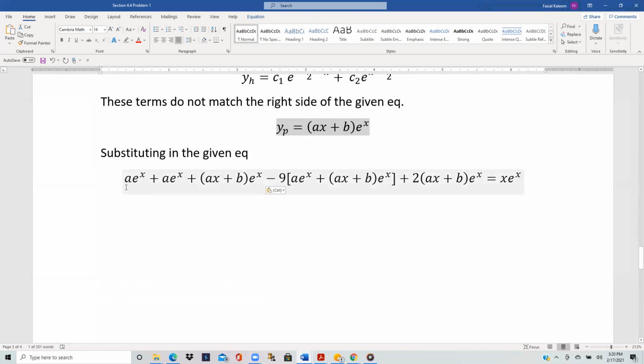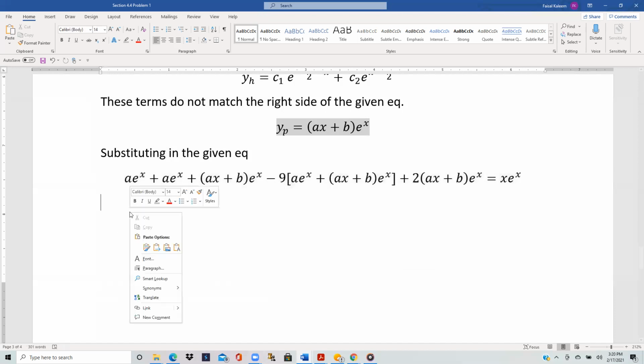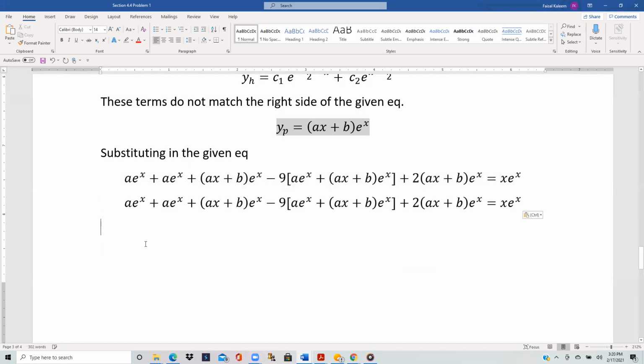So you have aex, you have another aex, so that's 2 aex. So let's see what comes with e to the x. So I'm just copying this. So with the e, when I add the aex and aex, I get 2 aex.